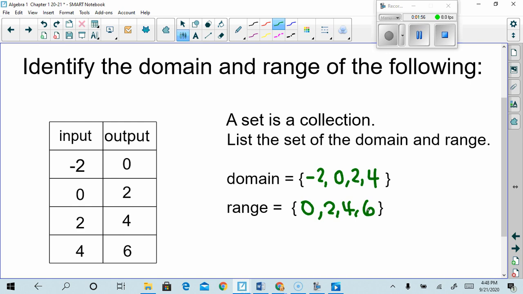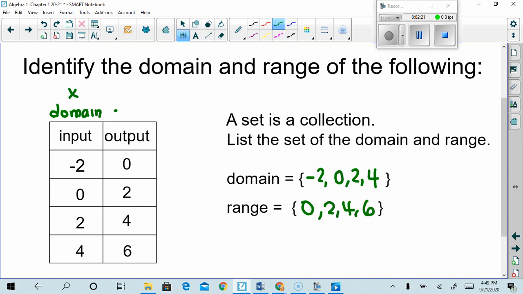We should be able to recognize them if they are presented to us in a table, and in a moment we'll be creating and completing tables. I'm going to take this one step further on this slide, and not only is this input our domain, but we're going to find out in a moment that's also our x values.